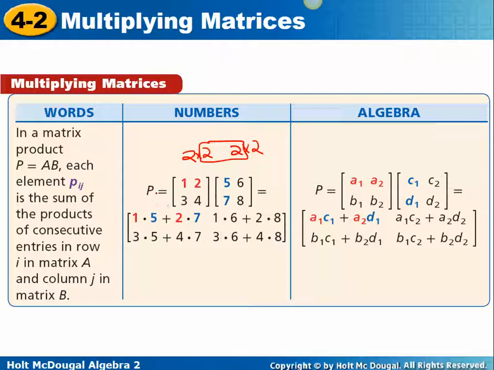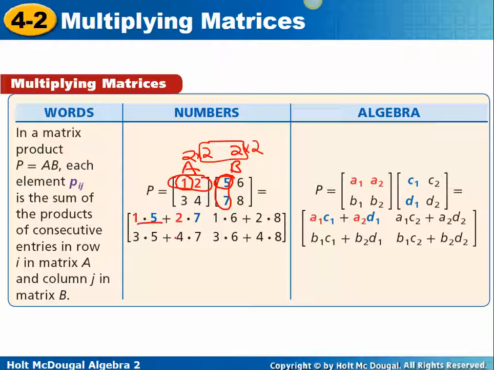All right, so matrix P is equal to matrix A times matrix B. If you're going to be multiplying these two matrices, you start with the first row of your first matrix, and you work with the first column in your other matrix. You multiply the first number in the first row by the first number in the first column.